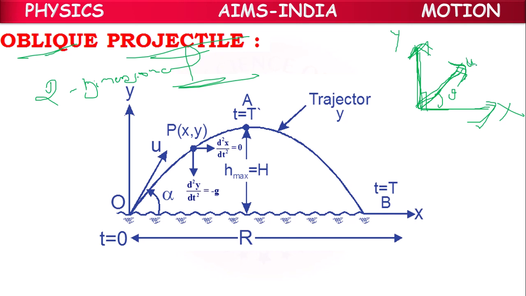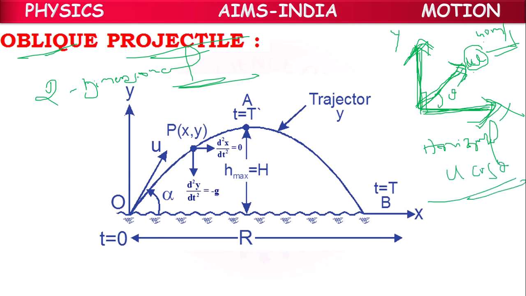So here u can be divided into components. Suppose it is 40 meter per second, out of 40 meter per second some part will work in the direction of x, some part in the direction of y. The part working along x is known as the horizontal component of velocity, denoted by u cos theta.